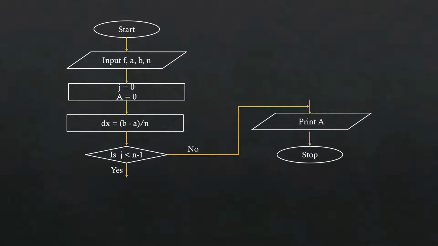But if it is less than n minus 1, then we find out m, which is basically a pointer and points to the first point of the rectangle which we are considering.